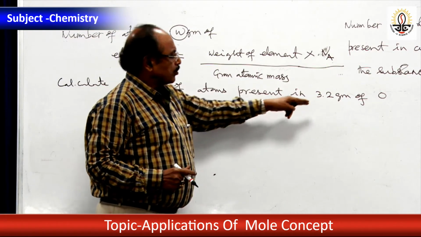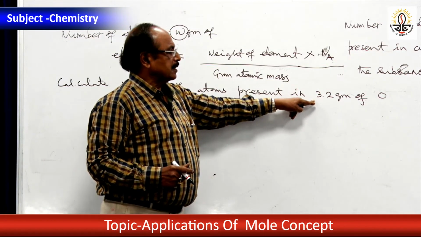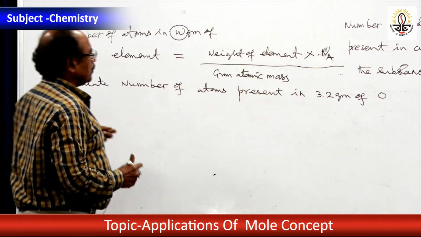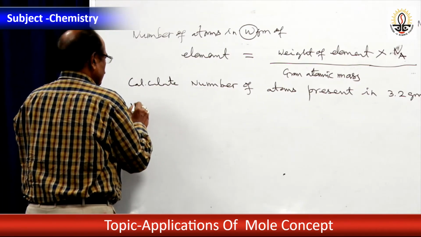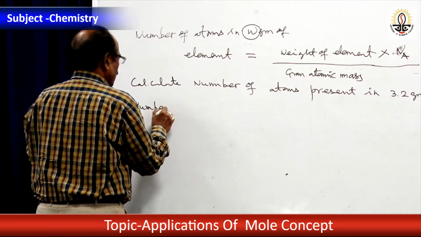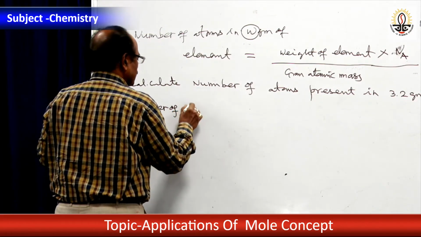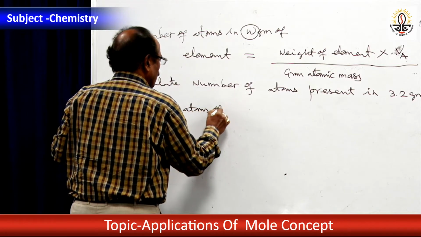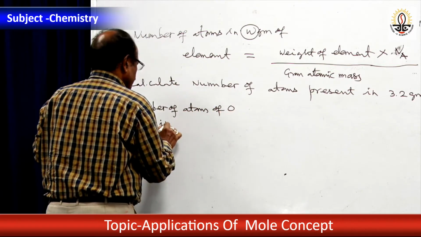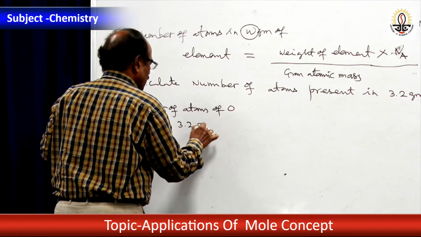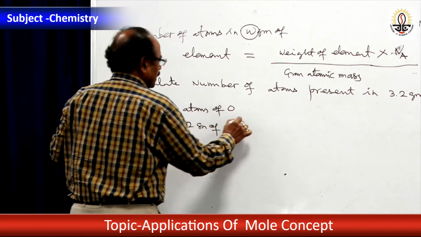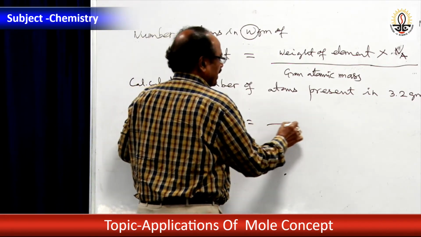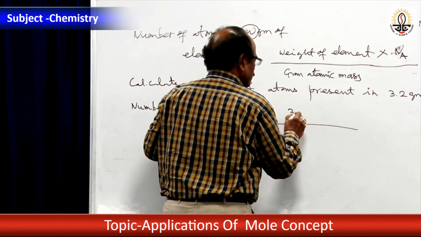Now, 32 grams of oxygen contains 1 mole of molecules, so 3.2. So, we will say that the number of atoms of oxygen in 3.2 gram of oxygen will be how much? The weight of the substance is 3.2.